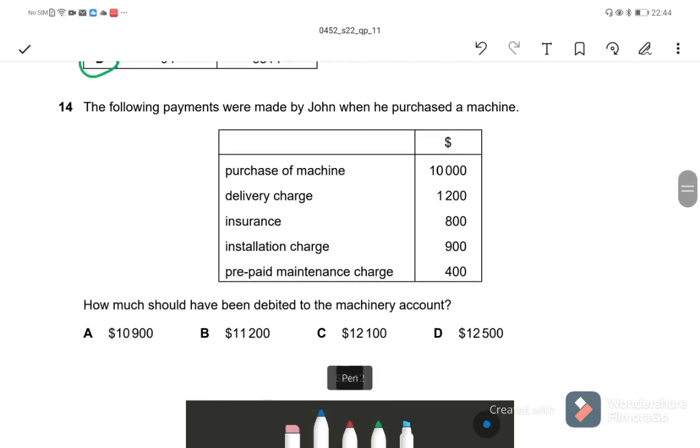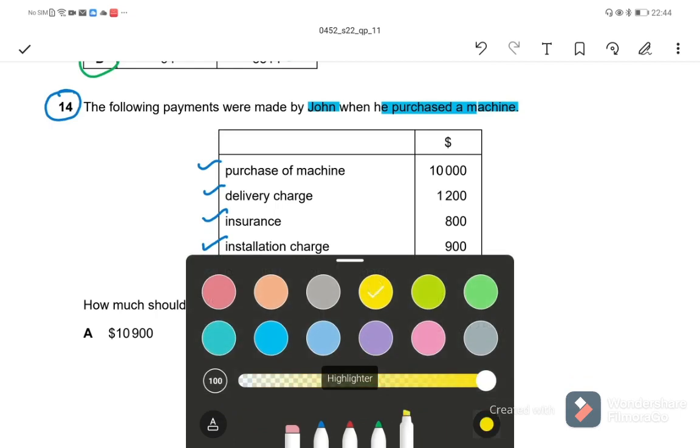Next, 14. The following payments were made by John when he purchased a machine. They are given the informations: purchase of machine, delivery charge, insurance, installation, prepaid. What is the question?